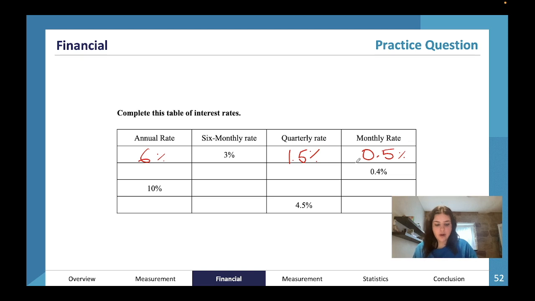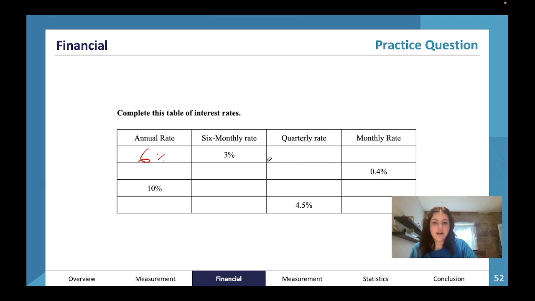Now we have a monthly rate, 0.4%. We're going to divide by 4 to get 4 months, which is, by 3 to get 3 months, which is a quarter. So we get, oh, hang on. I've got to go back to this one then. Let's see if I can erase. I've just realized I've done this one wrong.